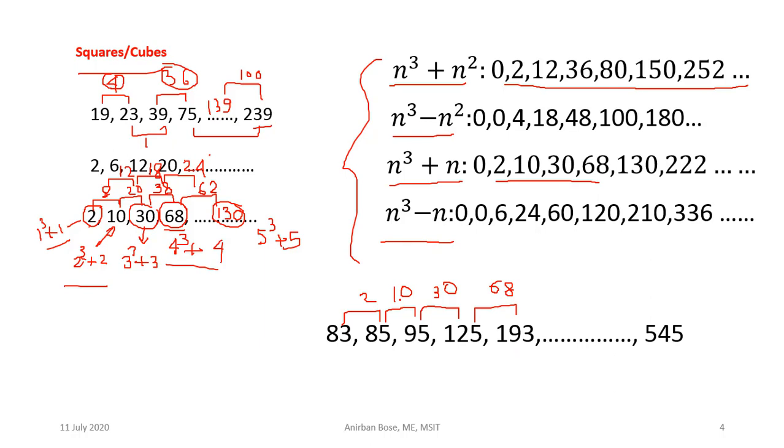So you see this 2, 10, 30, 68 is again coming, and looking at these numbers you will identify that this is an n cube plus n kind of formation. Or you can also go by the pyramidal approach, but definitely this is going to help you. So I will request you to remember all these series at least up to 400.